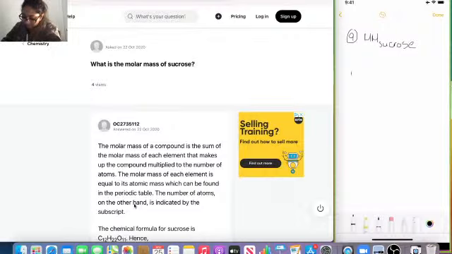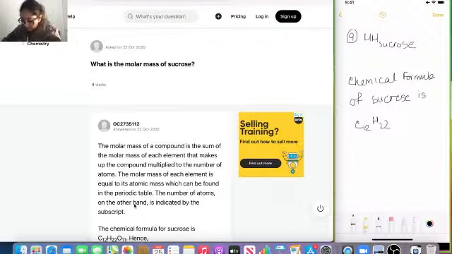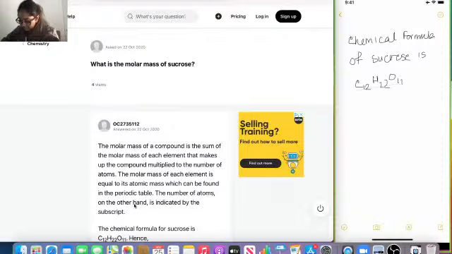And so the chemical formula of sucrose is C12H22O11. Okay, so it has 12 carbon atoms, 22 hydrogen atoms, and 11 oxygen atoms.